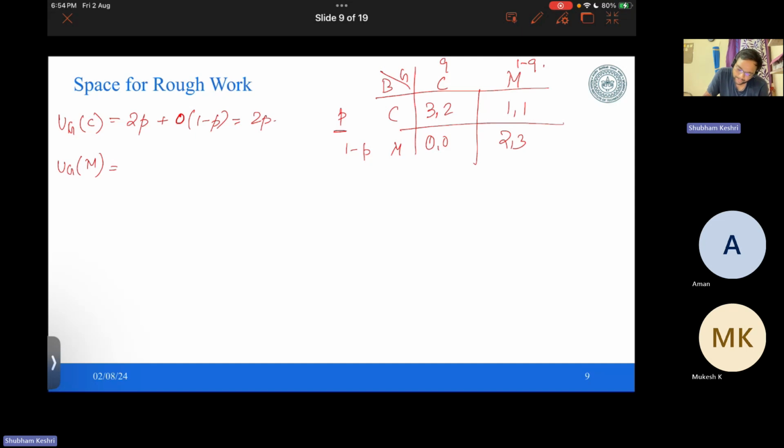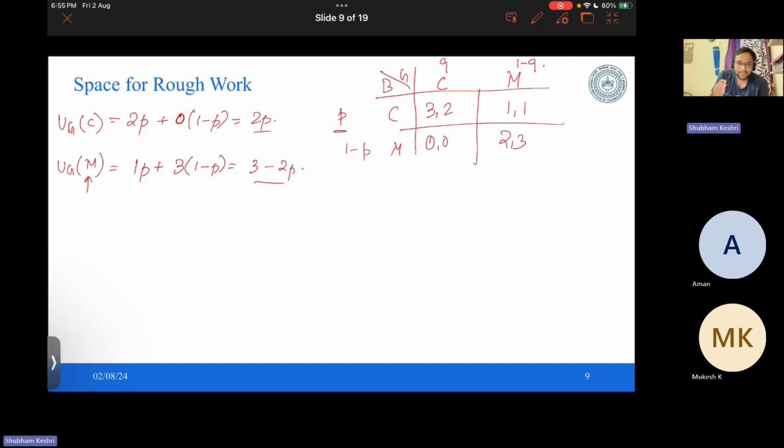Similarly, when the girl is playing movie, the utility will become 1P plus 3 times 1 minus P, which is actually 3 minus 2P.